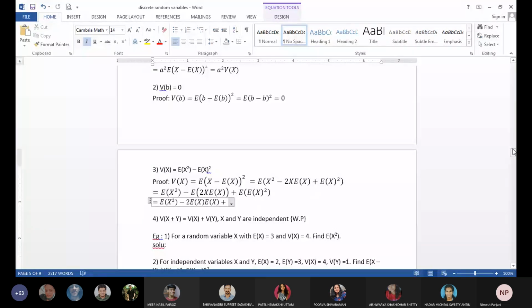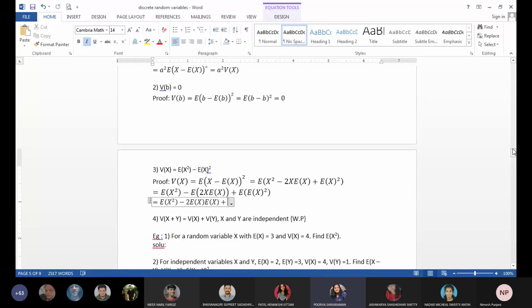So second term में I have expected value of 2x into expected value of x. That is expected value of 2x into ex. So ex is a constant, 2 is a constant. So 2ex I can take out. That will act as my a. So it will give me a into expected value of x. So I get 2ex multiplied by ex. Right?